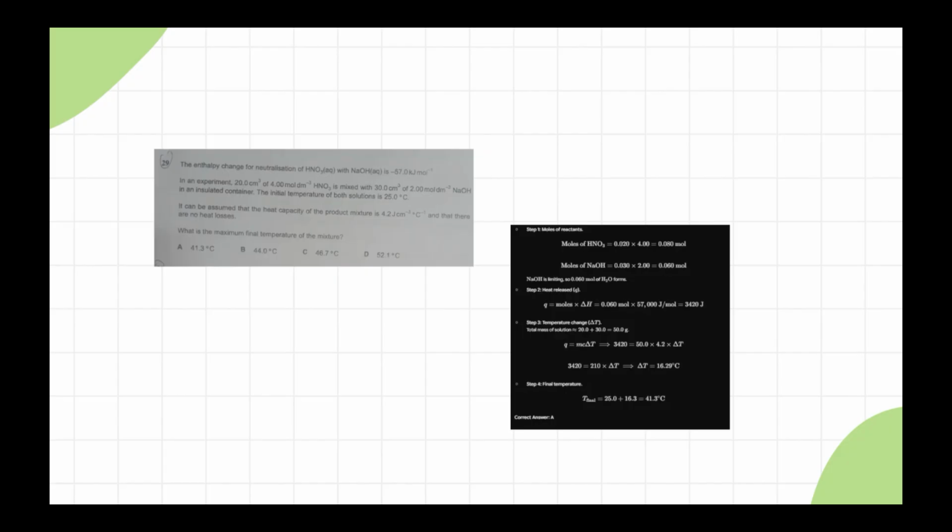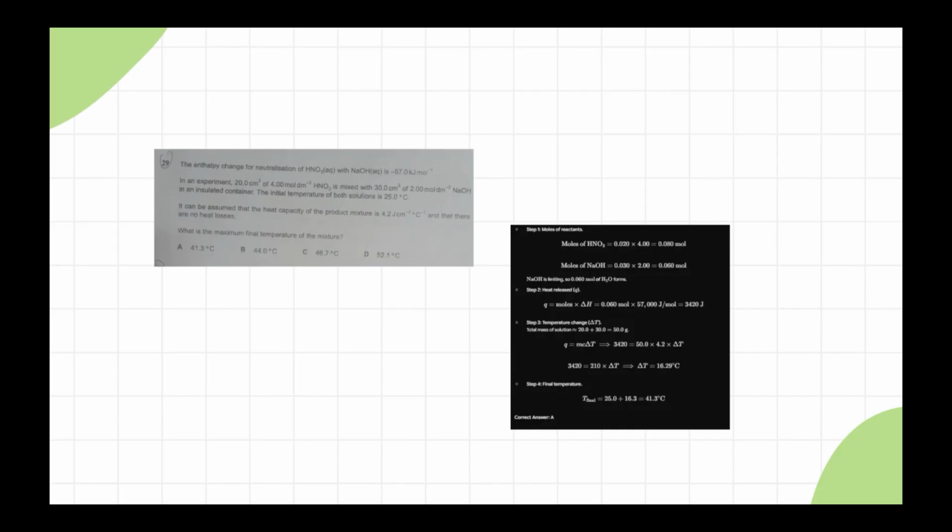Then we have to know the heat released. The heat released, Q, is moles times delta H, which is 0.06 mole times 57,000 joule per mole, equals 3420 joule. Step 3, temperature change, delta T. The total mass of solution is 20 plus 30 equals 50 gram.